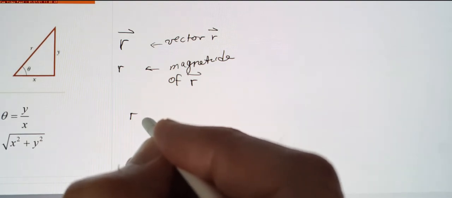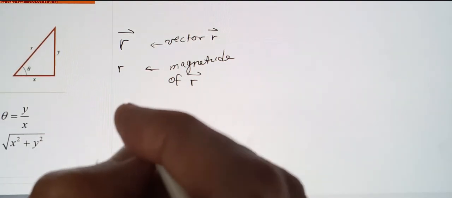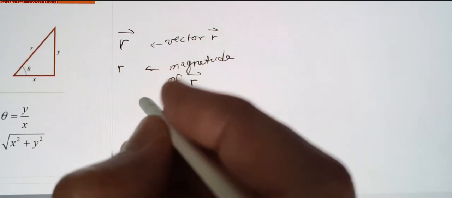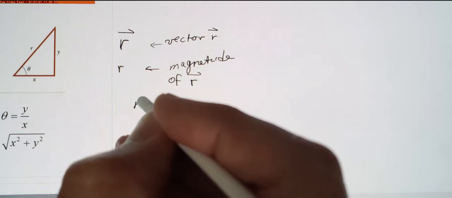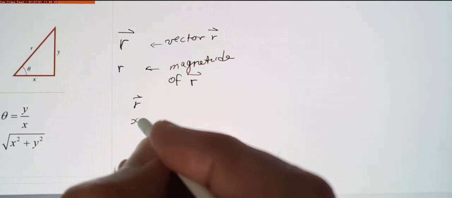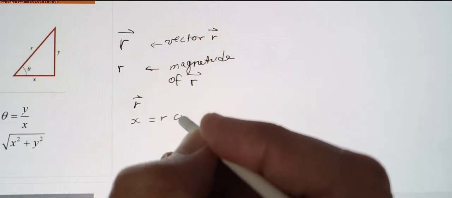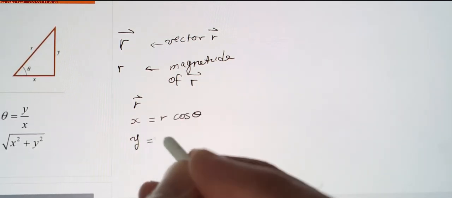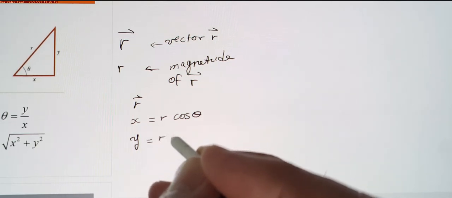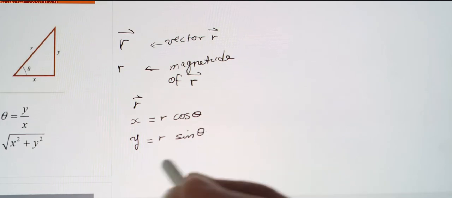We have R. If we have, for example, a vector R, the x component of that vector is the length R cosine theta. The y component is the length of that vector R sine theta.